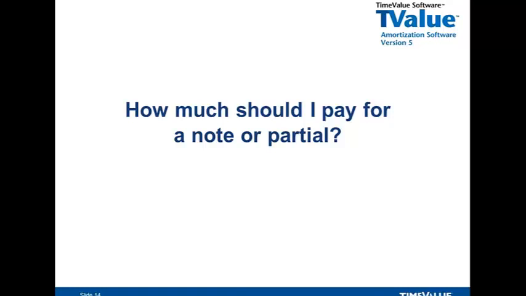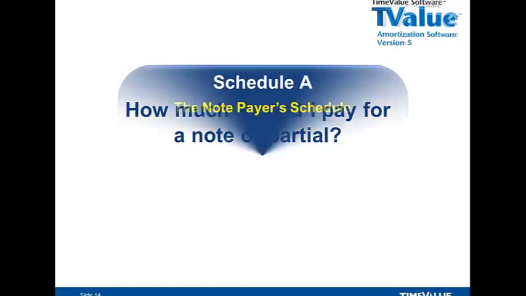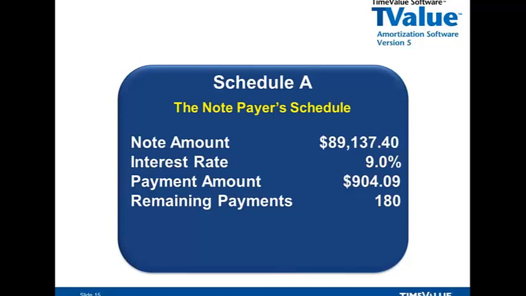It's a payment amount over a period of time. You're discounting back at a yield or a rate that you want to achieve on your investment. So it doesn't matter if it's a partial, it doesn't matter if it's a full note. You essentially can enter in a payment for a number of payments and discount it back at your yield to figure out what you should pay. And you're going to see that doing present value calculations in T-value is very easy to do, regardless of the payment structure.